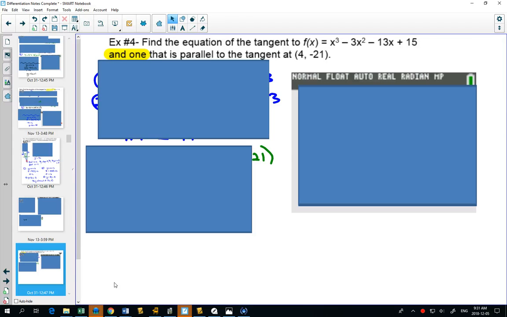Example 4. Find the equation of the tangent line to that function and one that is parallel to the tangent at (4, -21).